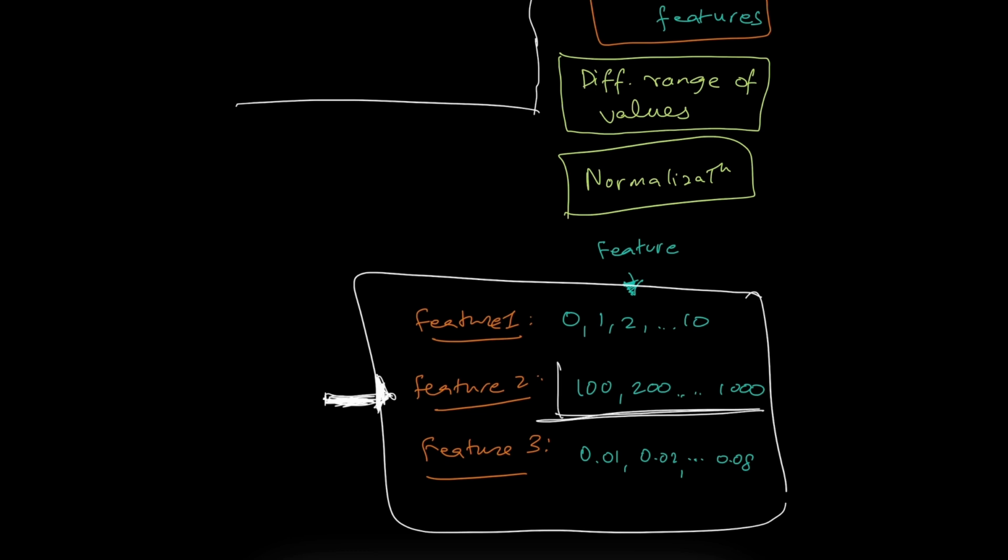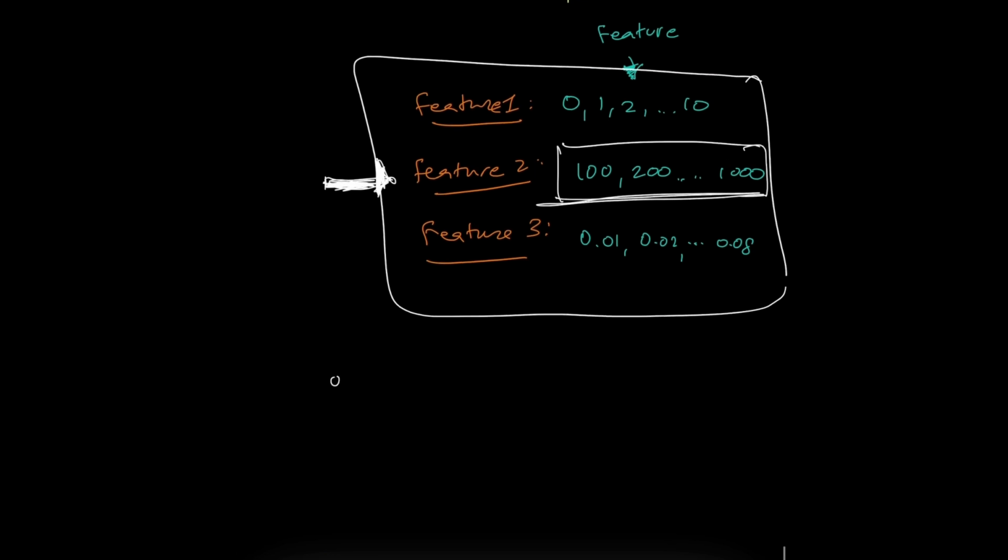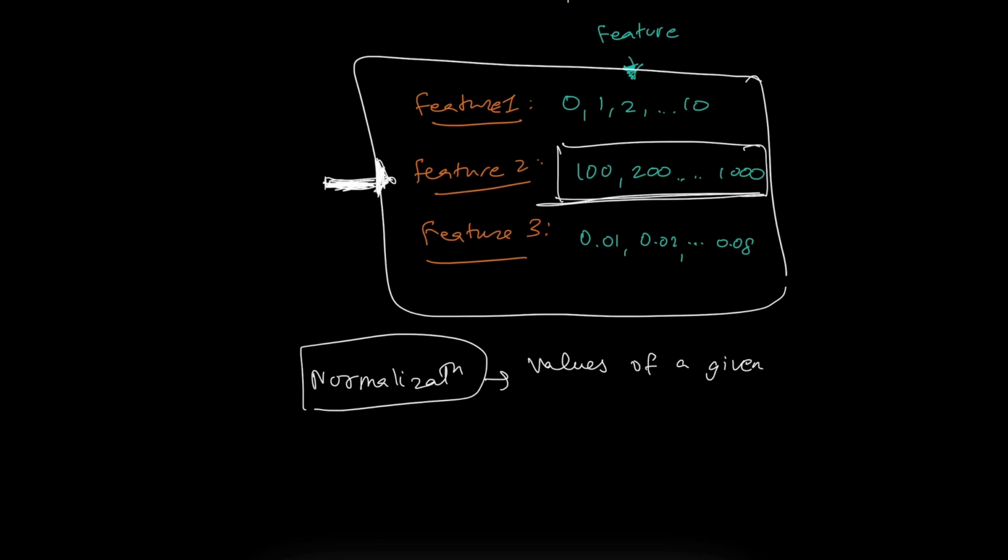It just means it has a higher numeric value, which is why we want to make sure we don't make this mistake of biasing towards a given feature. And so what normalization basically does is it takes all the values of a given feature and converts it to a specified range, let's say from 0 to 1, or another popular range is -1 to 1. And let's consider 0 to 1 for now.